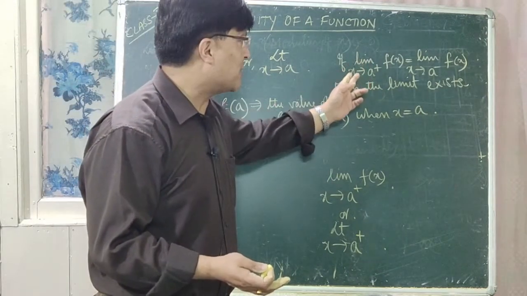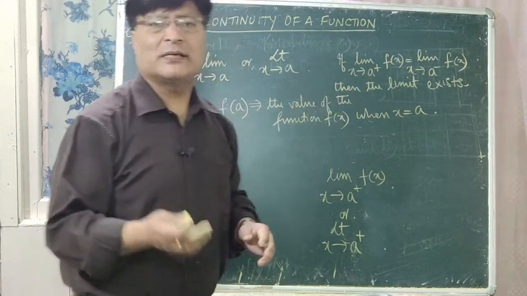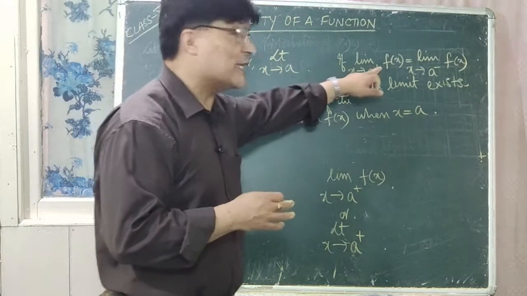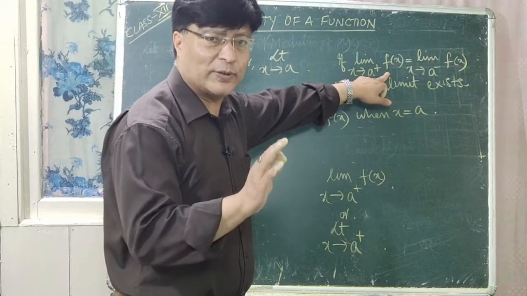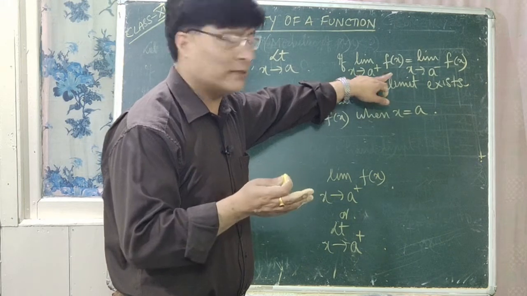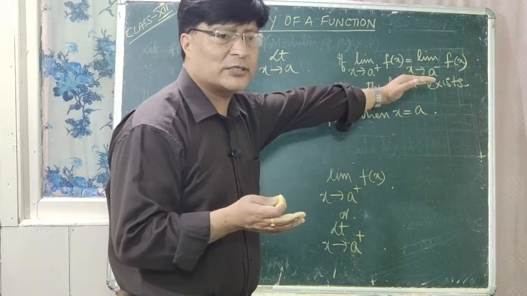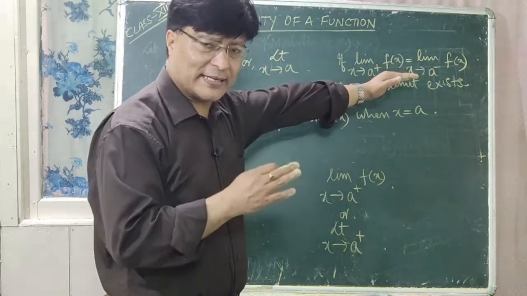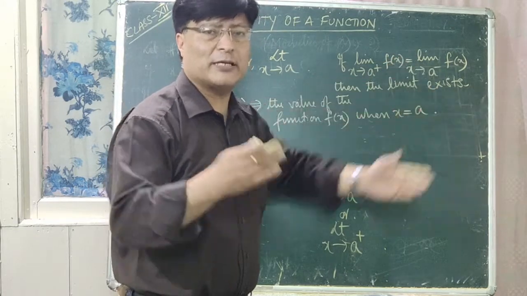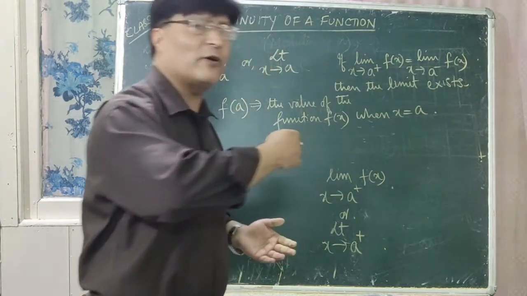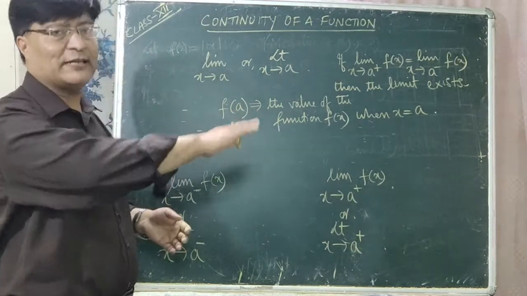But in this case, limit x tends to a plus f of x means in this case you cannot put x is equal to a. X is not exactly equal to a. Either x is approaching towards a from the right hand side, or x tends to a minus means it is approaching towards a from the left hand side.